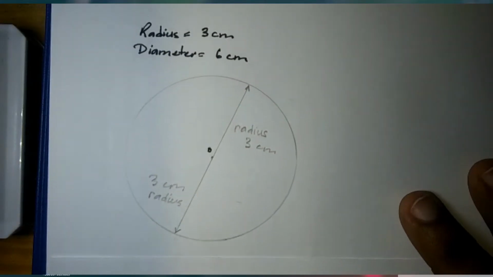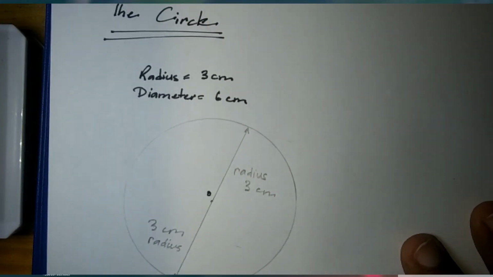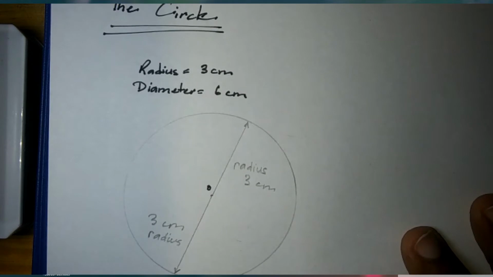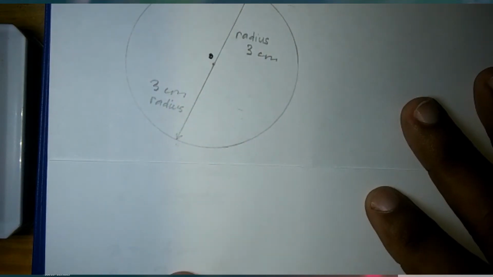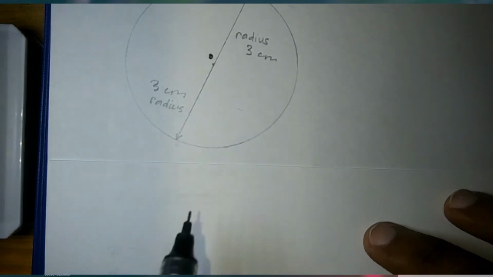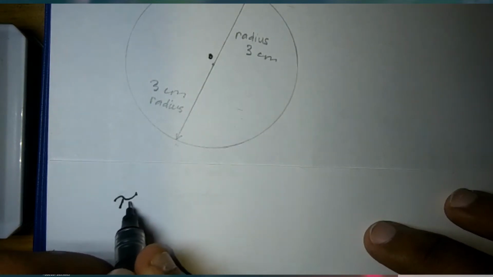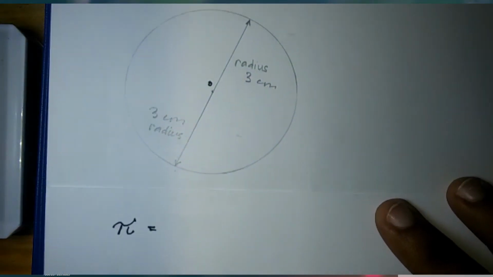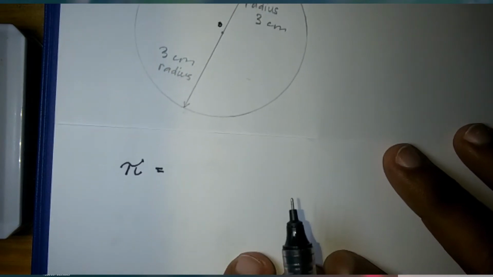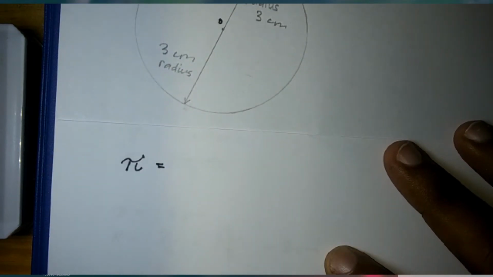Now this is our circle, and we had identified that the radius is 3 centimeters and the diameter is 6 centimeters. Now there's a special ratio that is called pi. And pi is the number of times that the diameter can go around the entire circle. So this diameter of 6 centimeters can go around the circle pi times.